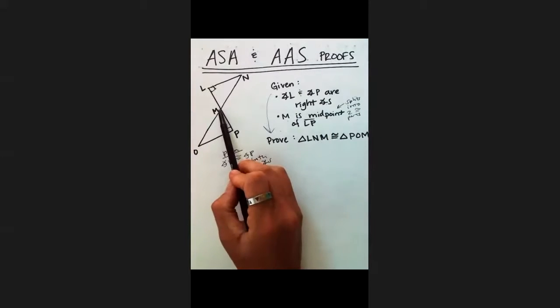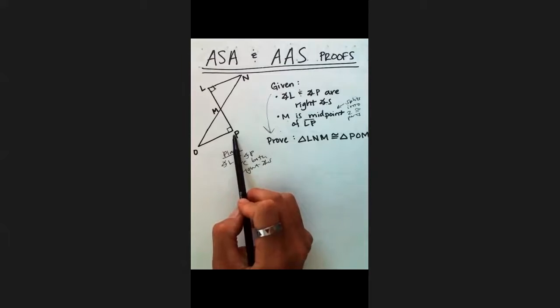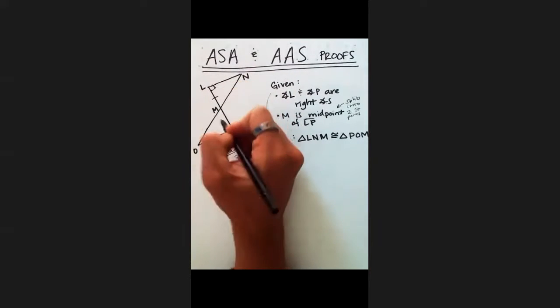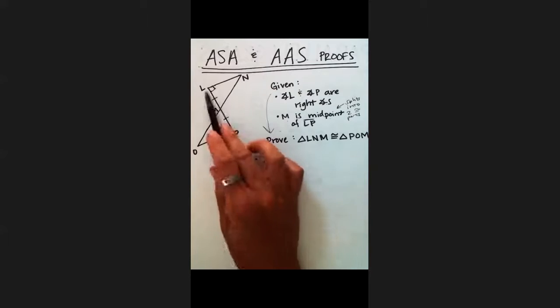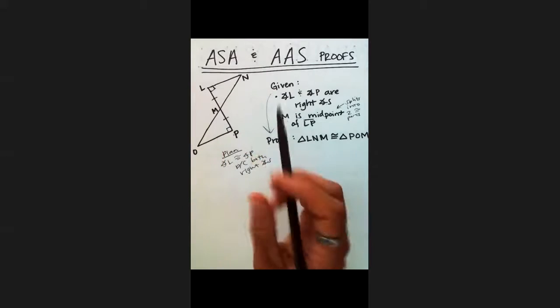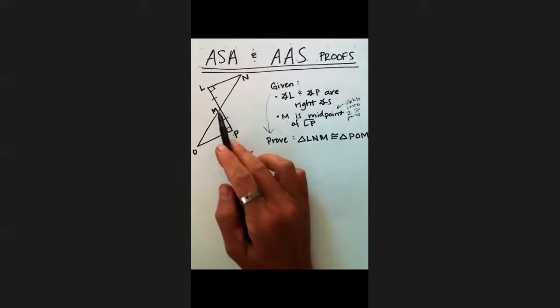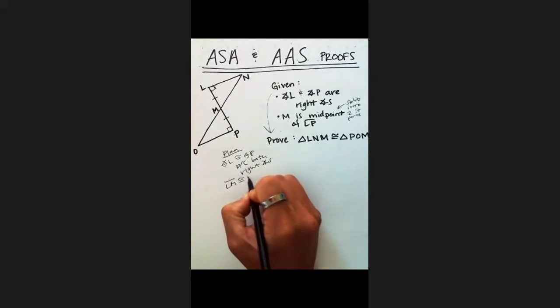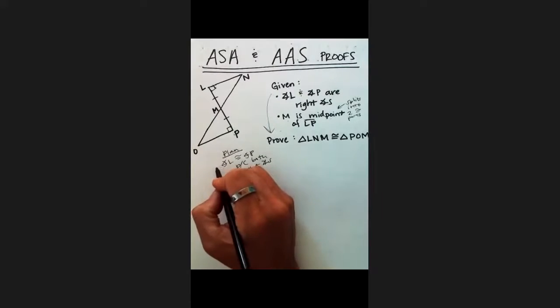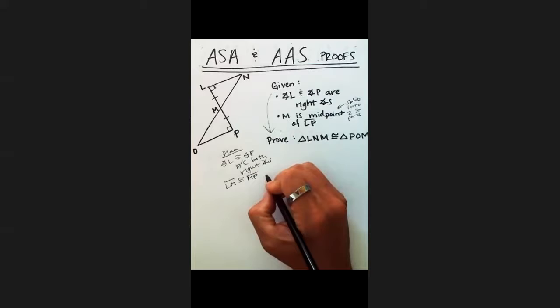Well, if it's in the middle of segment LP, that means this half must be congruent to that half. So we could talk about segment LM being congruent to segment MP because that's what a midpoint does. So that's another step in our proving that these 2 triangles are congruent.